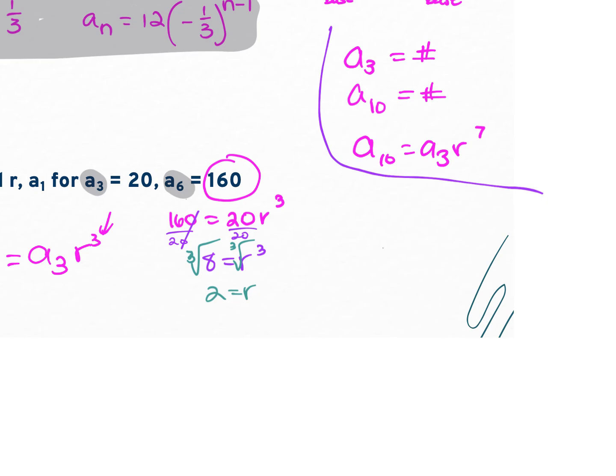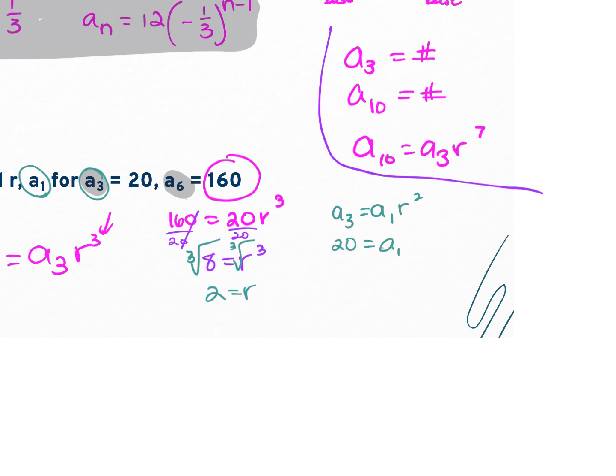Now, here's one option. Go from A3, divide by 2, divide by 2, to move it back to the 1, right? Or set up a new equation with these two. So A3 would be on the left because that's the bigger base, equals A1, r, what would the exponent on the r be? 2. So the A3 I know is 20.